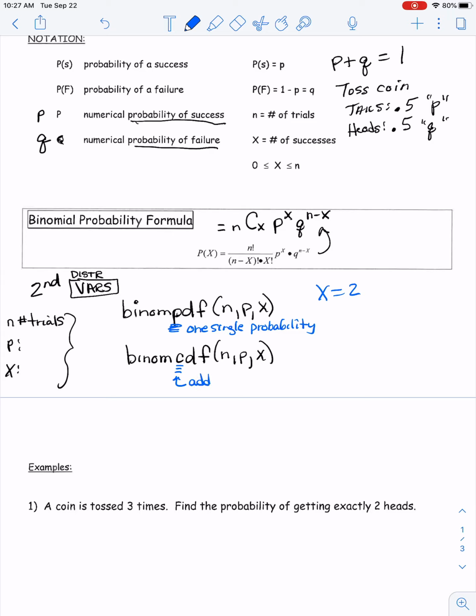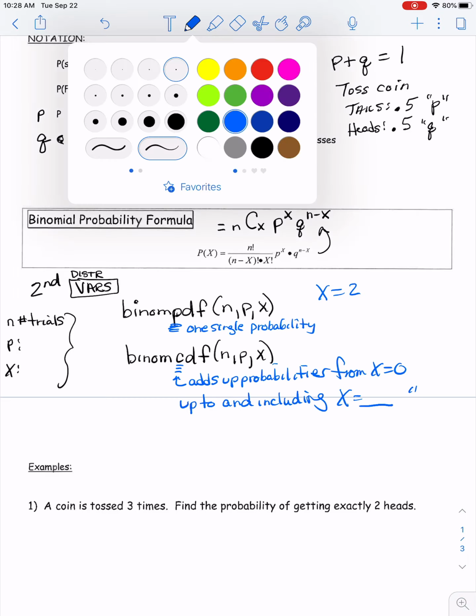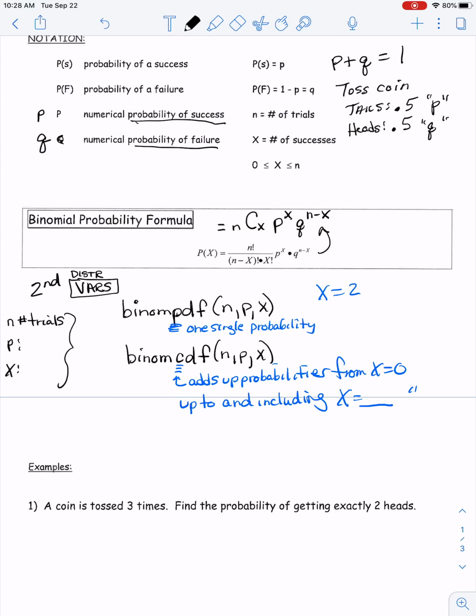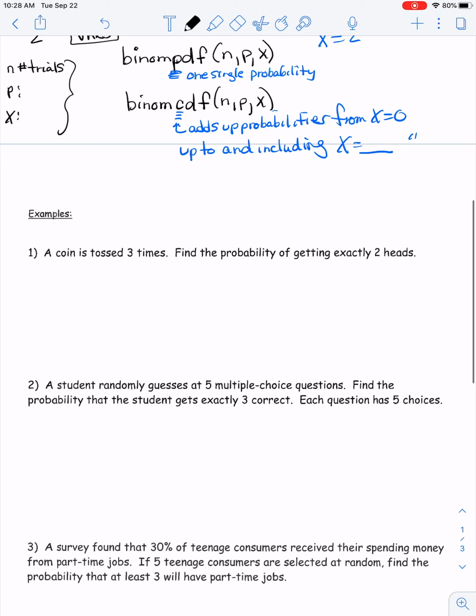So it will add up the probabilities from X equals 0 up to and including X equal whatever you put in that last value. So it's accumulating probabilities. Okay, all right, so let's go down here and take a look at a couple examples. A coin is tossed 3 times.